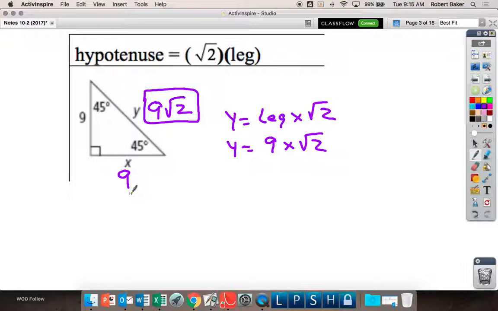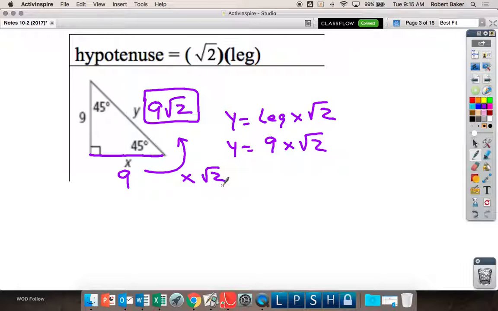So there are two things you have to remember. To go from the leg to the hypotenuse, you multiply by the square root of 2.